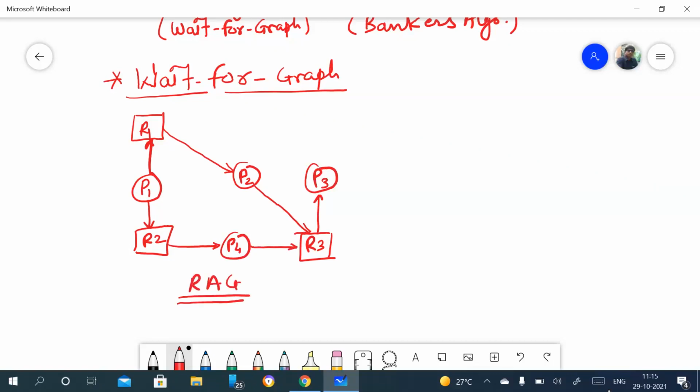So we have studied this resource allocation graph. So how can we convert this resource allocation graph to a wait-for graph?